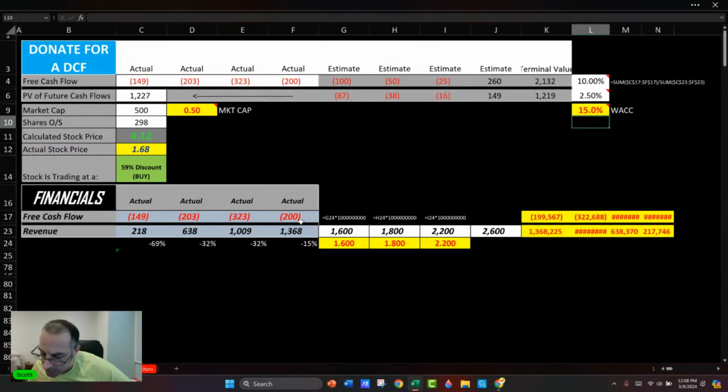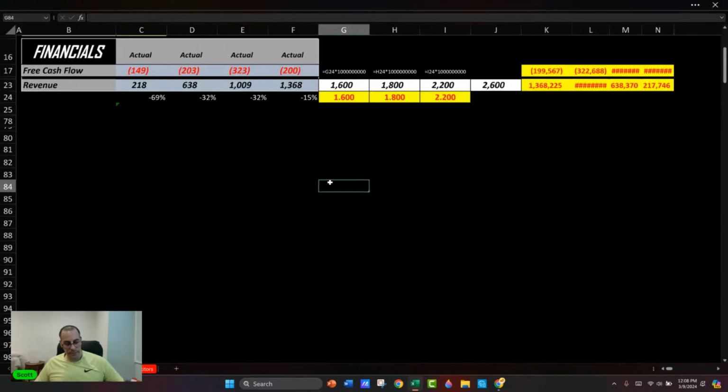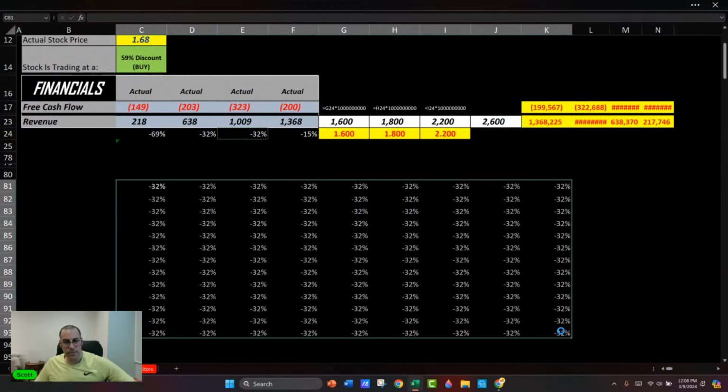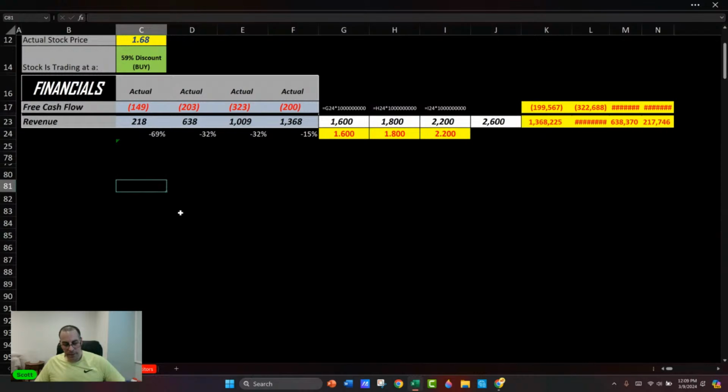Can you quickly explain how some companies have positive free cash flow but negative income? Yeah, a company can have net income of $1 million, and they could have free cash flow of negative 200,000.